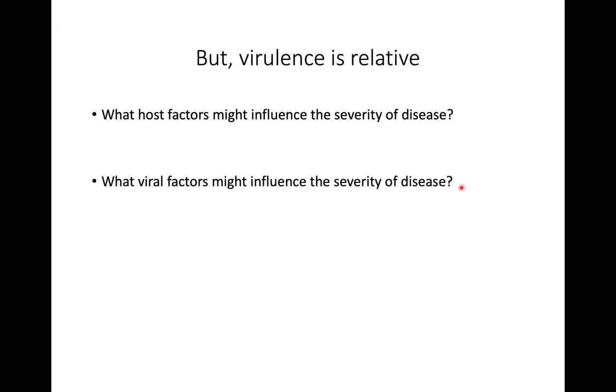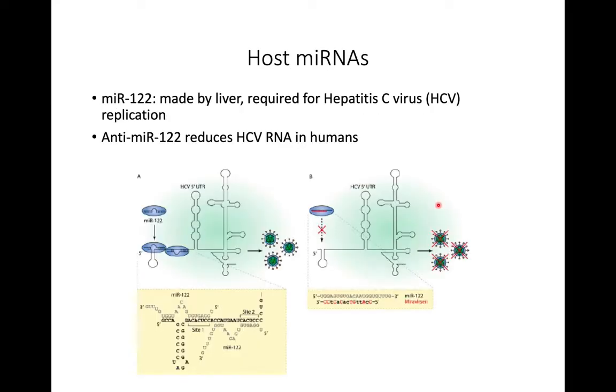As for viral factors, this could include things like immediate early or early enzymes that change the cell cycle and drive S phase of the cell cycle, or that turn off a particular type of immune response. And those could influence the pathogenicity and the virulence and the severity of symptoms as well. So we're going to talk about some examples of each of these, starting with host factors.